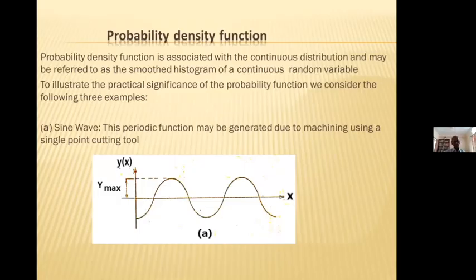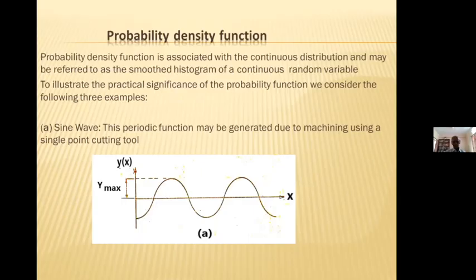When we produce surfaces by machining of different kinds, we may get a periodic function by a single point cutting tool, as we have discussed earlier, which looks something like this in this figure. So here it's a periodic function with the maximum value from the mean being y max, and the minimum value will be minus y max.